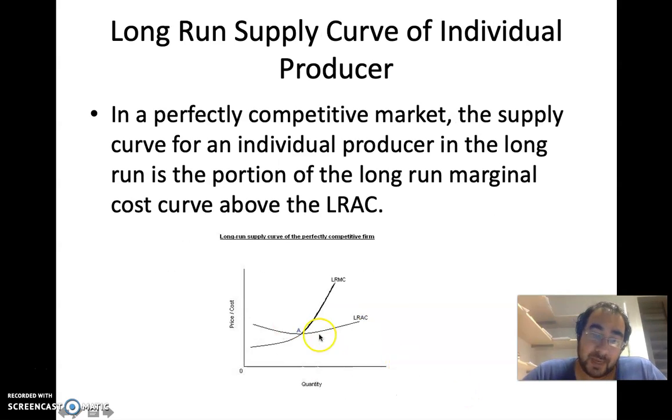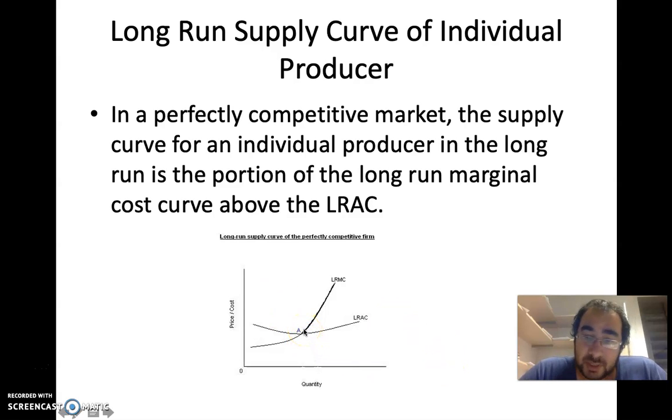Similar to the case of the short run, in the long run the marginal cost curve above the long run average cost curve represents supply. Not average variable cost anymore, because we don't have fixed costs in the long run. So we just have the long run average cost curve.